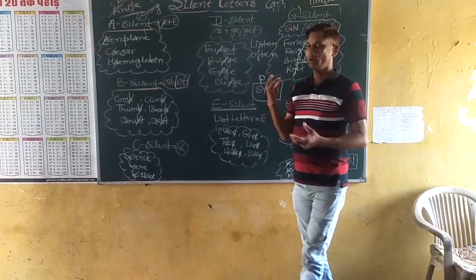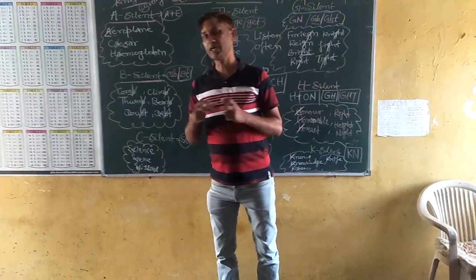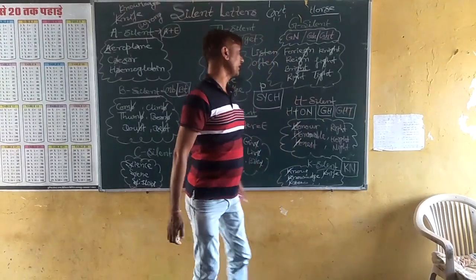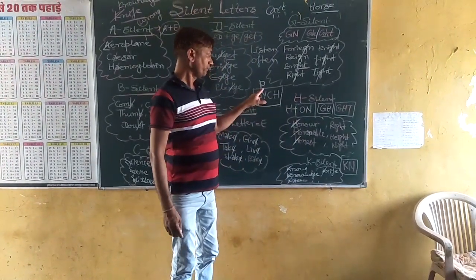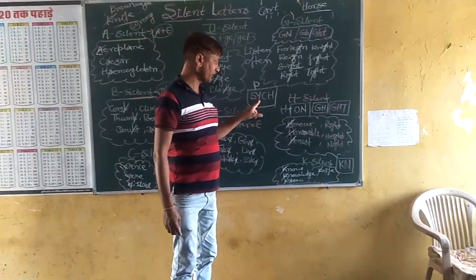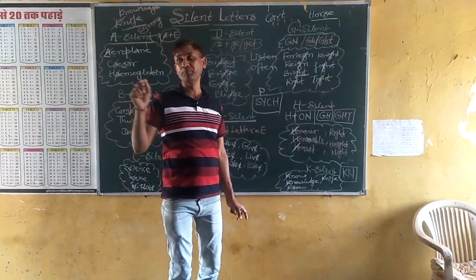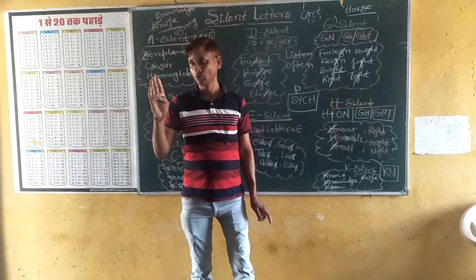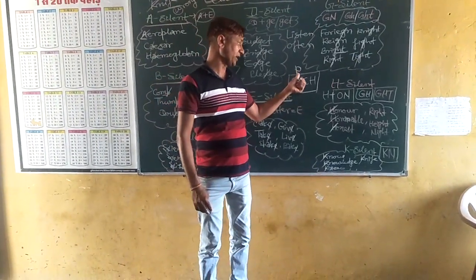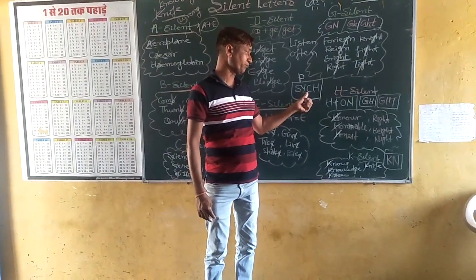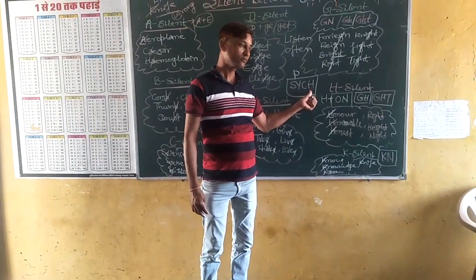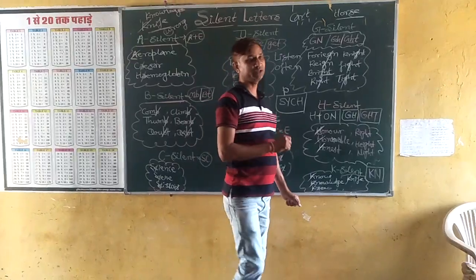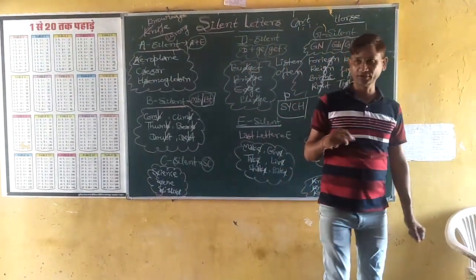We will know letter P silent. When you find letter P before the combination of four letters orderly as P plus S plus Y plus C plus H, then letter P will be silent as psychology, psychologist, etc.